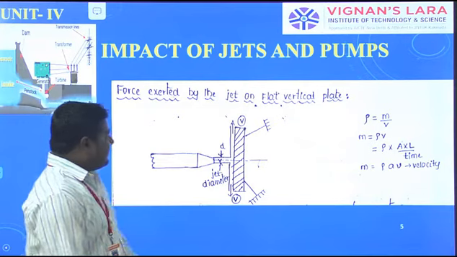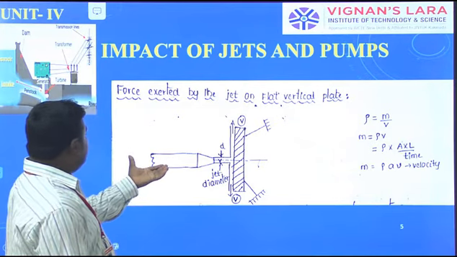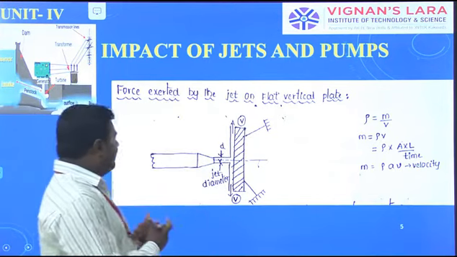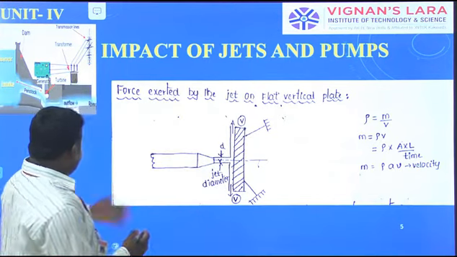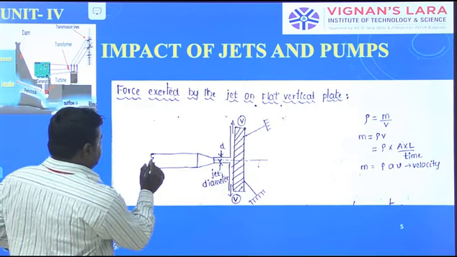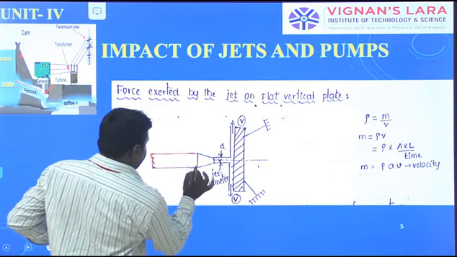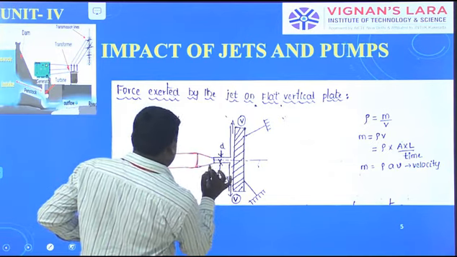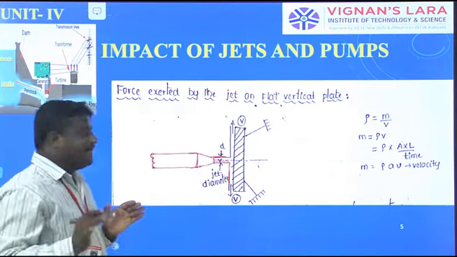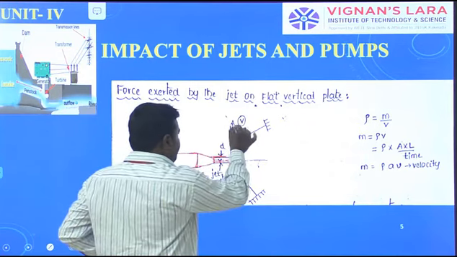This is the force exerted by the jet on a flat vertical plate. Here is the diagram of the jet. This is the nozzle, and here I am drawing the vertical plate.